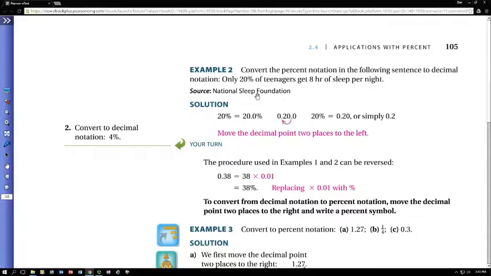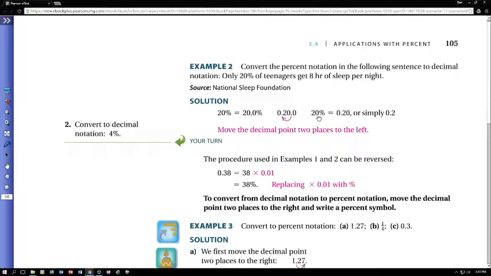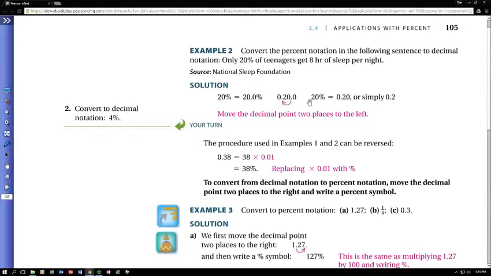And so they give us some information. What does that mean? How could we apply that? If this is absolutely true and I have 100 teenagers, what does that mean? How many teenagers are getting enough sleep?